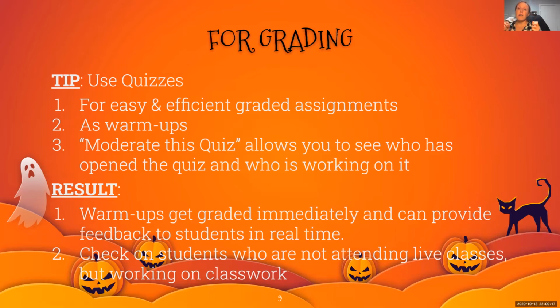And if you click on moderate this quiz during class, it will allow you to see who has opened it, how many attempts. And so this allows you to see if students aren't attending live classes, that they're still working on the quiz. And so this option is from your home page, go to quizzes.